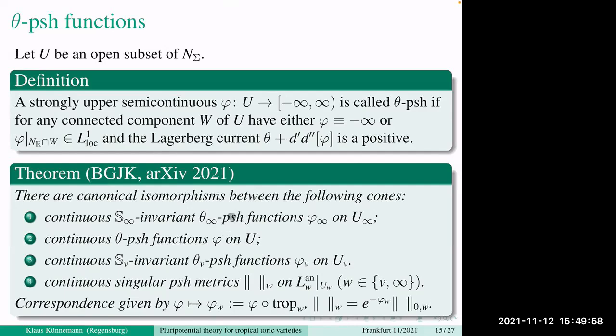If you have these PSH functions, you look at the reference metric and you multiply by e to the minus phi. Singular here means that the metric might also take the value infinity at certain places. So here we have a nice link between the PSH functions in these different setups.